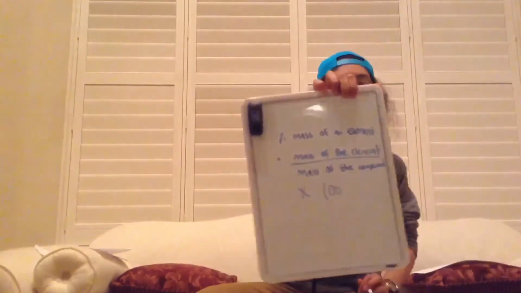You're going to want to divide the mass of the element by the mass of the compound, and then you multiply all of that by 100. So that's going to give you what you want. See, that's the formula right there. That's very good.